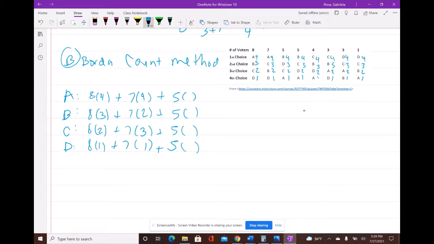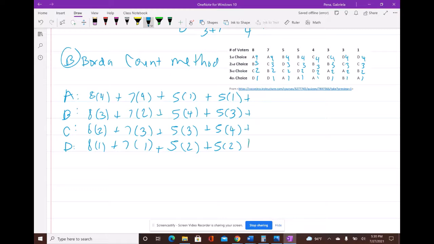And then we had B is 4, C is 3, D is 2, and A is 1. And then we have 5 again. Then I have C is 4, B is 3, D is 2, and A is 1 again.